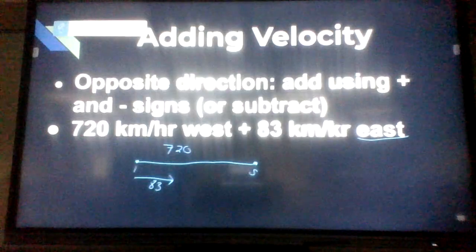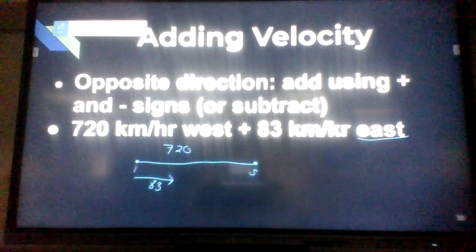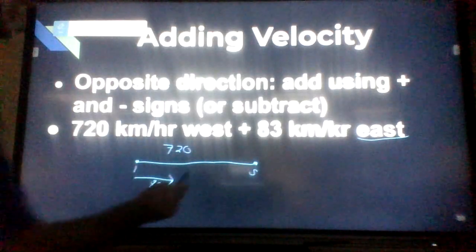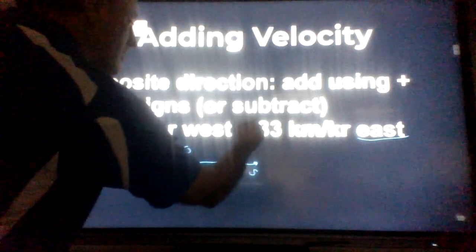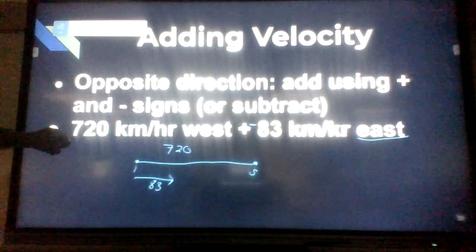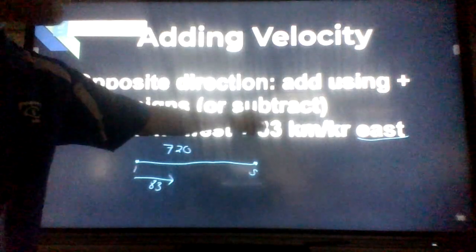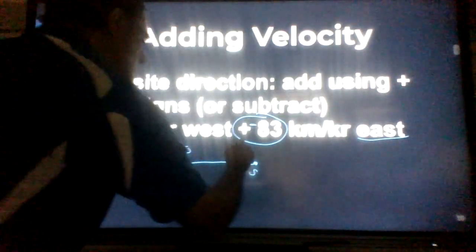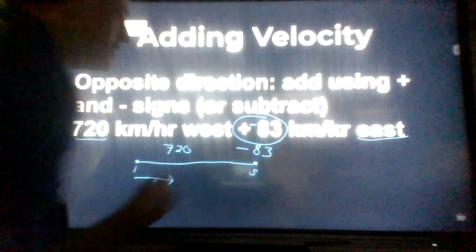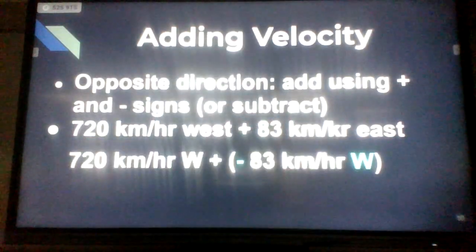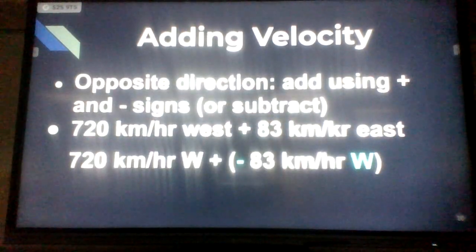What is the net velocity here? Are we going to add these? Well, since the east is opposite, then that means the 83 is now negative. So when I add these together, I got 720 plus negative 83. Or I could just change this to say minus 83 and then just do the subtraction. Because remember, adding a negative is the same thing as subtraction.